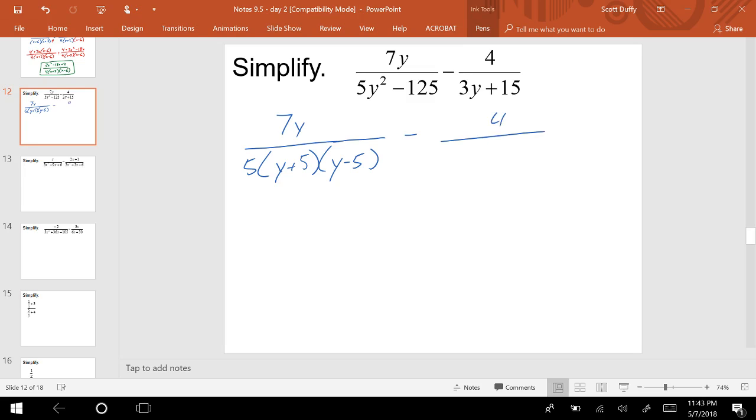Four on top, factor out the 3 on the bottom, y plus 5. Start asking yourself, what does the bottom of the left have that the denominator of the right doesn't? Well, it has a 5.